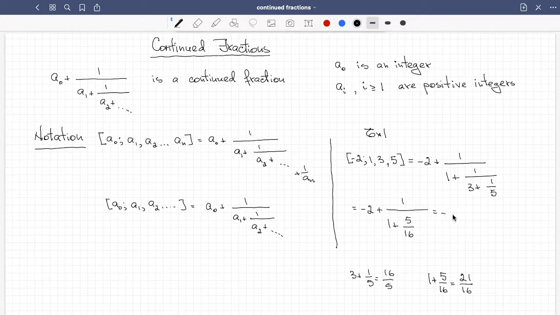So we have -2 plus 16 over 21, and this is equal to -26 over 21. So this is how we understand this expression. We always calculate it from right to left, from downstairs back upstairs.